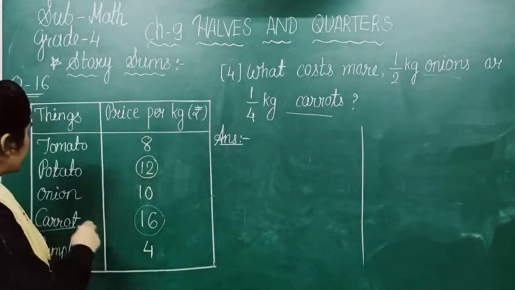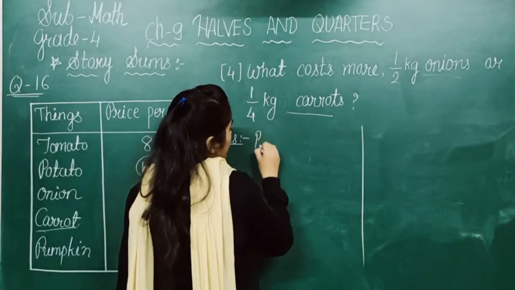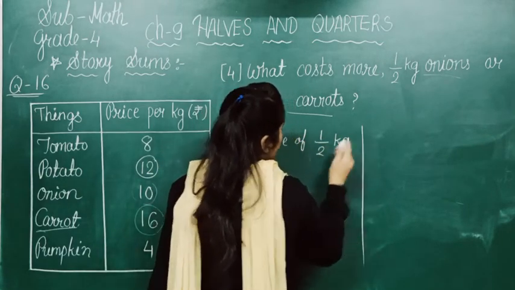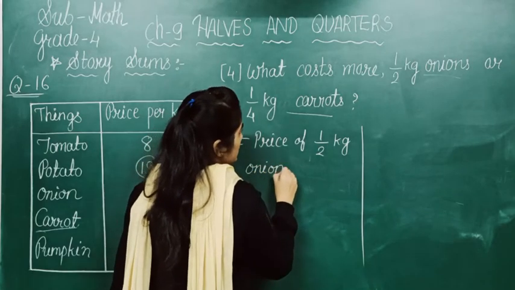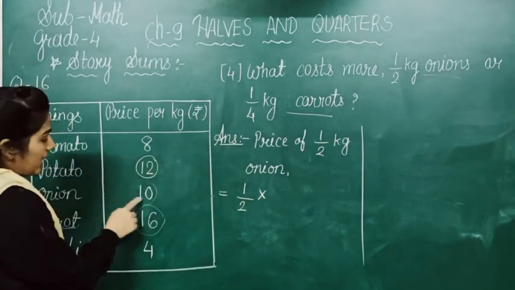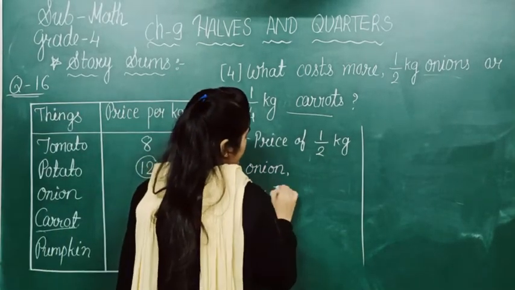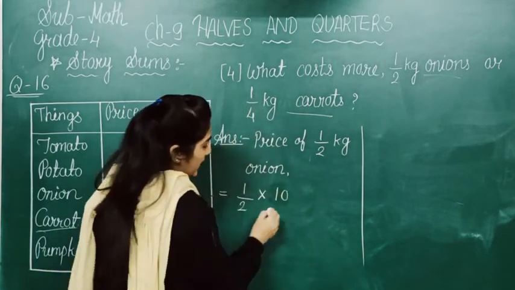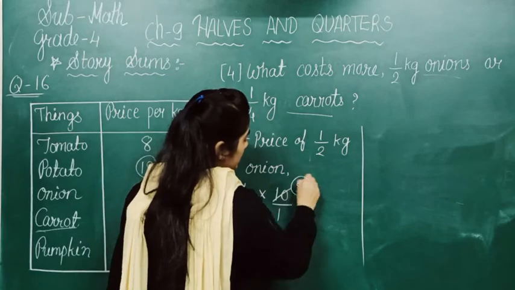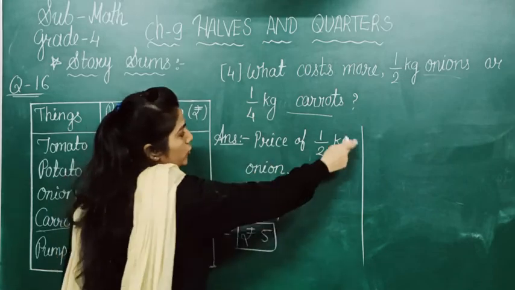In front of onion the price per kg is given 10. So we can write that the price of 1/2 kg onion, 1/2 multiplied by 10, because in front of onion 10 rupees is given. Directly we can cut this 10 with the help of 2. 2 5s are 10. So ₹5 we are getting here, the price of 1/2 kg onion.